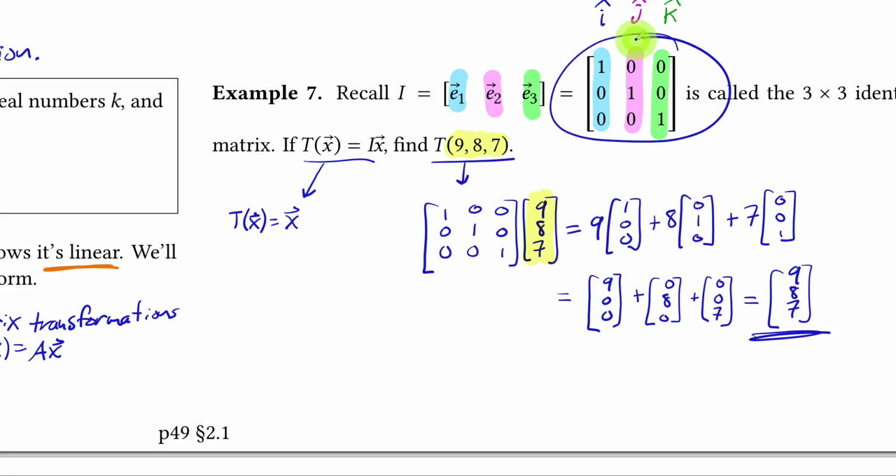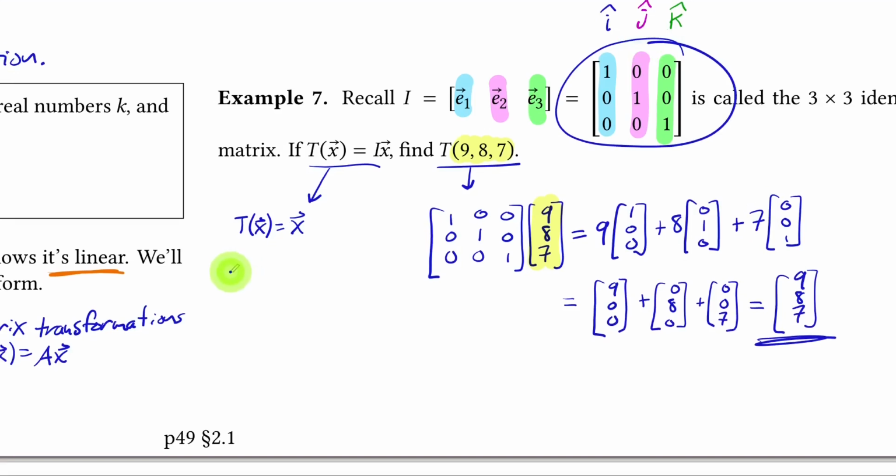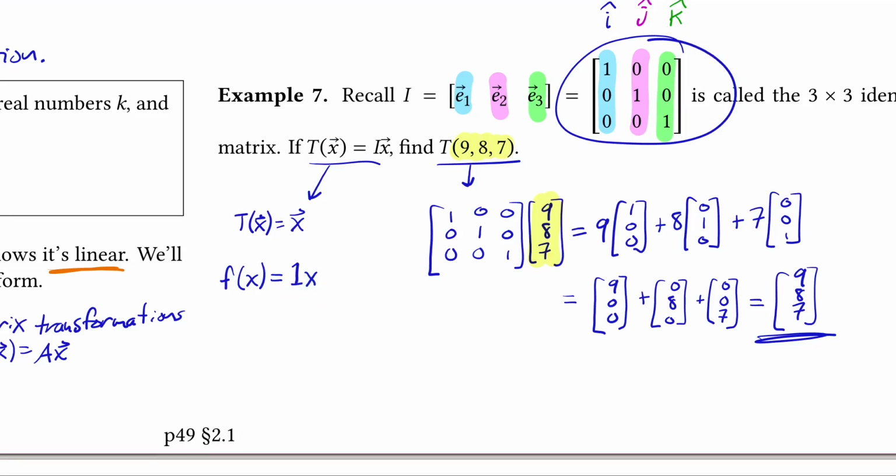You could say the function just identifies what the input is, and the matrix functions like the number 1. Like if we just had a regular old real valued function, you could say this is the same as f of x equals the number 1 times x. So the identity matrix works kind of like the number 1 here.